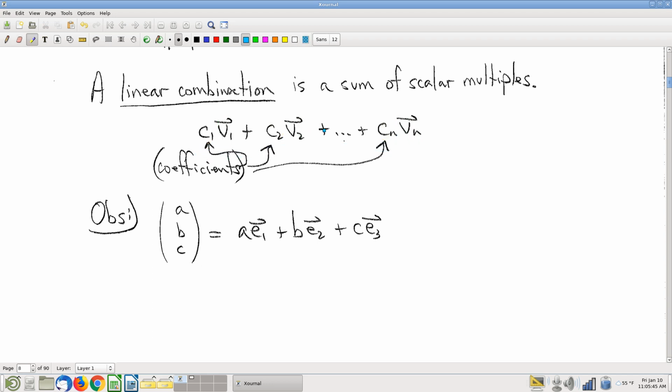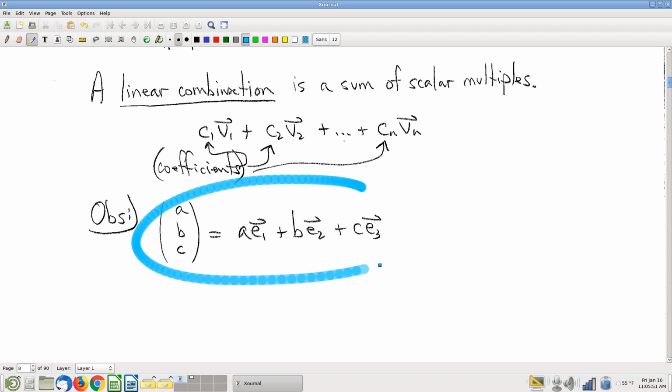And by the way, here's a cute example of this, at least a cute property of this construction. Notice that if you have the vector ABC, then it is a linear combination of E1, E2, and E3. And furthermore, the coordinates of the vector are the coefficients in that linear combination. So that's neato. This is a special property of these vectors here.